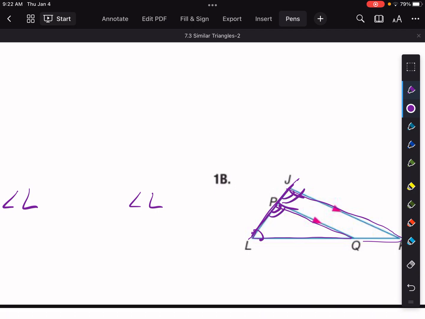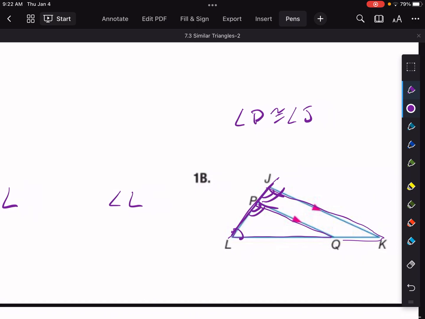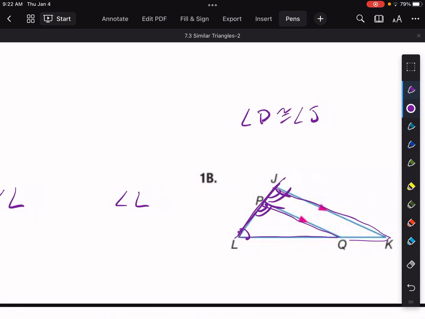Okay, so we know that angle P is congruent to angle J. And the same case can be made for the Q and K here. So Q would be congruent to K. And again, this is because we have parallel lines cutting a transversal. So from things that we studied in the past, we know that these create congruent angles. Okay, so we know that angle Q is congruent to angle K.